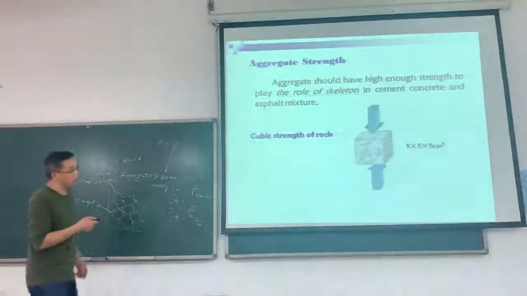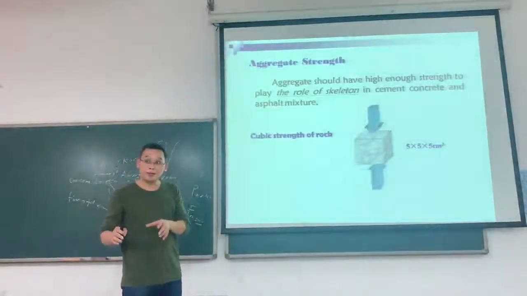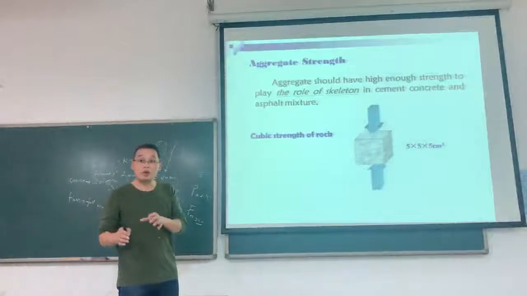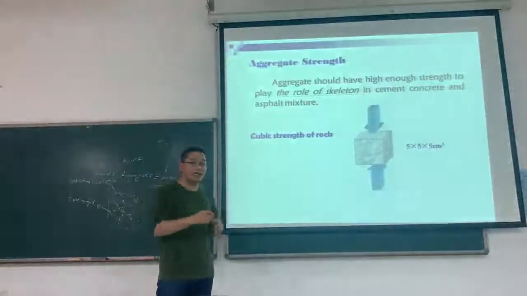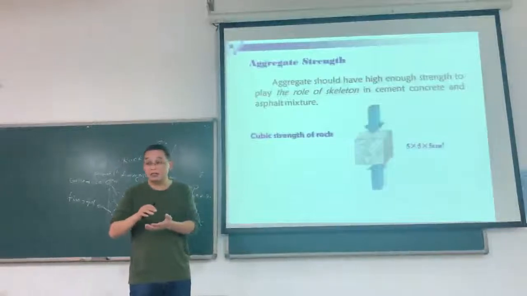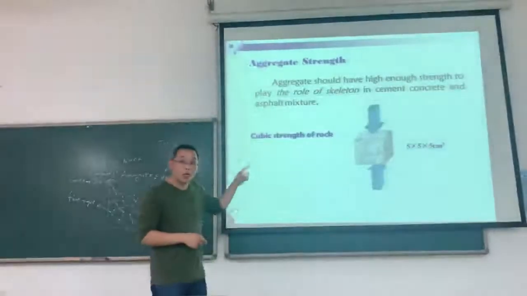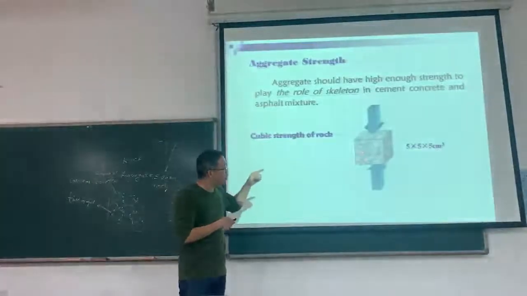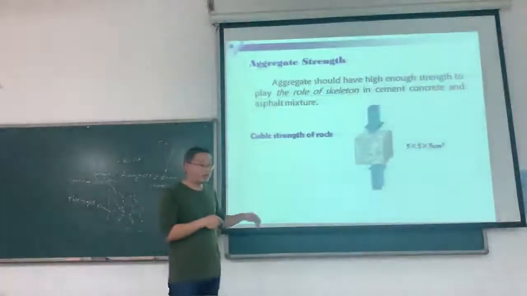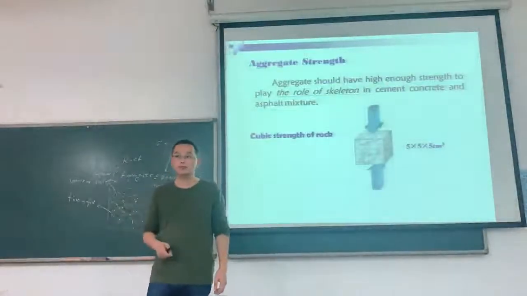But this experiment is difficult to conduct, because this size is difficult to get. It is not easy for us. And then during the experiment, we must put the specimen into the water.